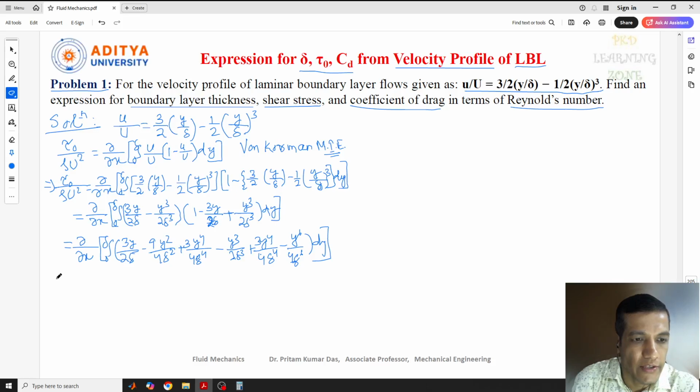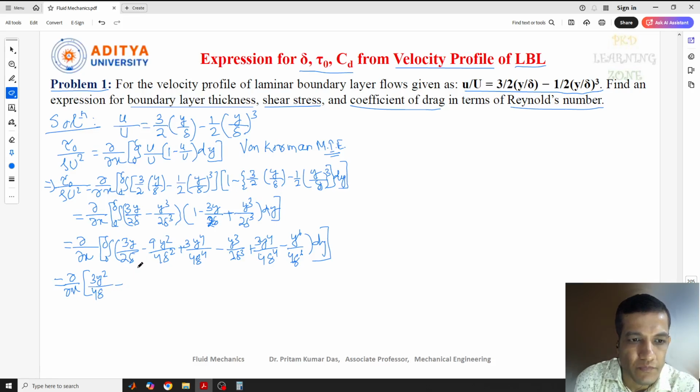So if you integrate this equation, then this derivative term, let me write it outside, then square bracket start, the integration part is now implemented here. Then what will we get, 3y by 2 delta dy, integration of this. Now integration of y dy means y square by 2. So this one I'll write as 3y square by 4 delta.